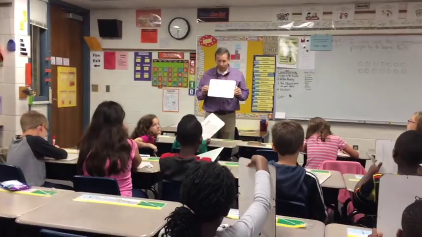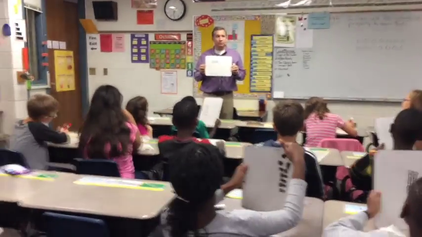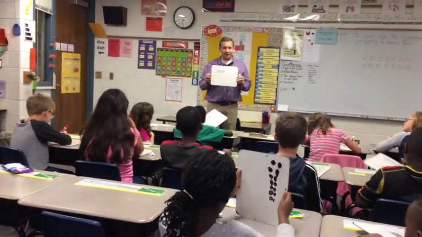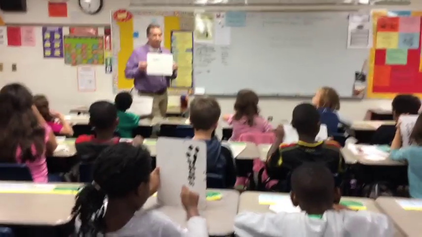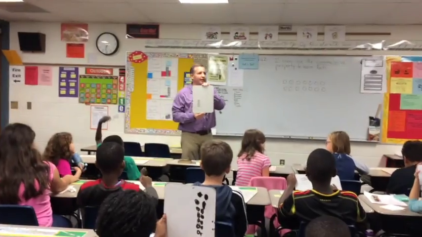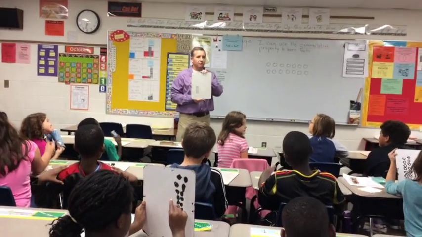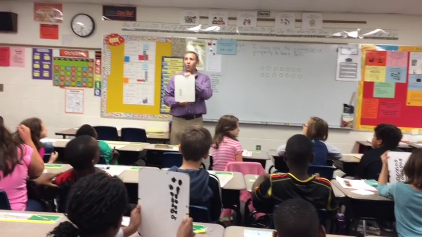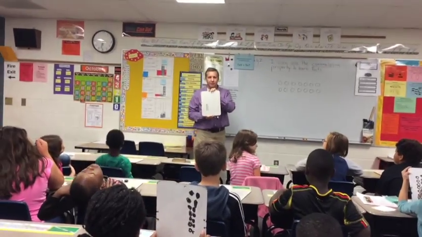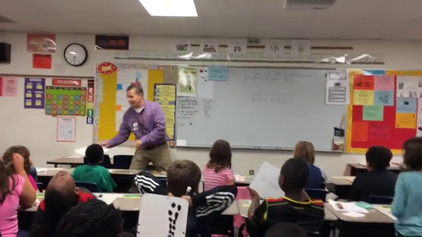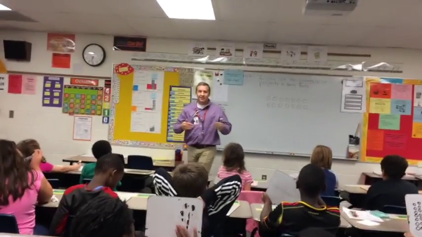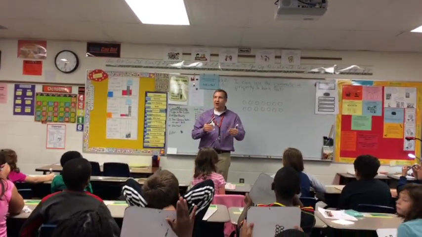So when we were like this, it was 2 times what? 7. Or 7 times 2. And when we turn it this way, it is what? 2 times 7, or 7 times 2. Okay, so the commutative property is basically saying, does it matter where the numbers are?